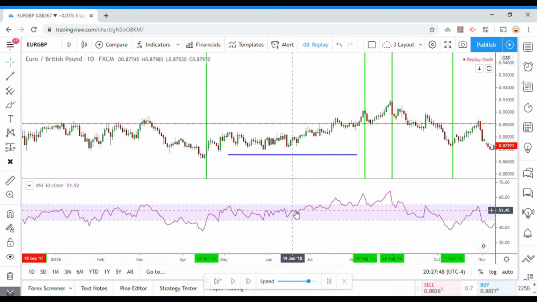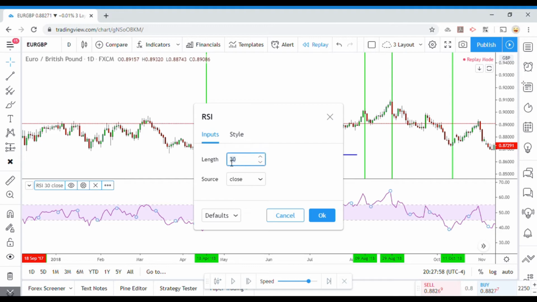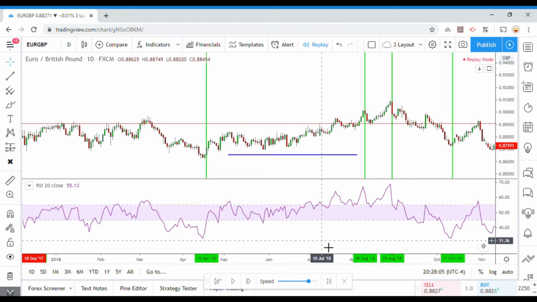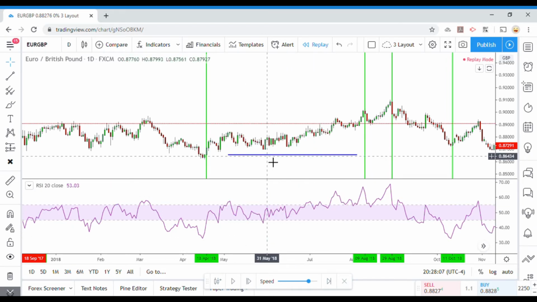And you see here how the RSI is staying within these lines. Let's speed it up a little bit more. I know this video is getting a little long, so I won't keep going too much.